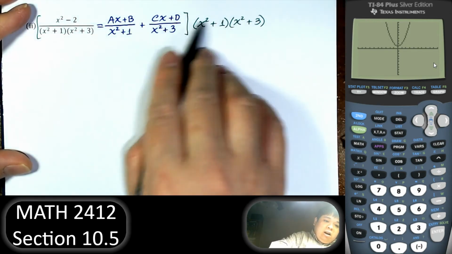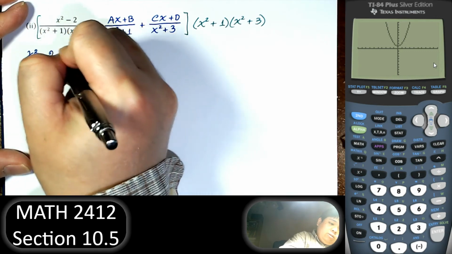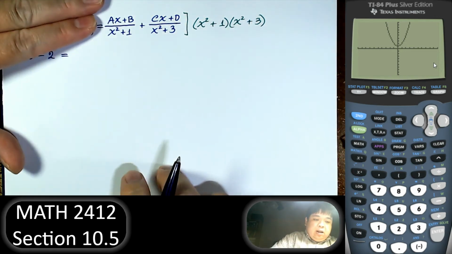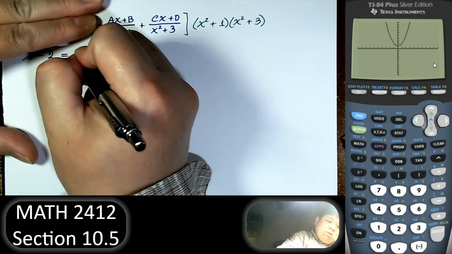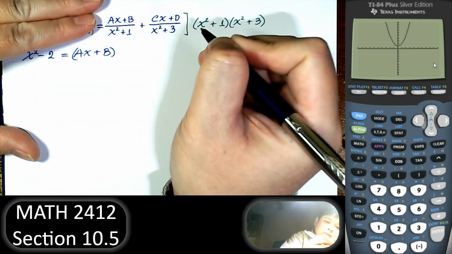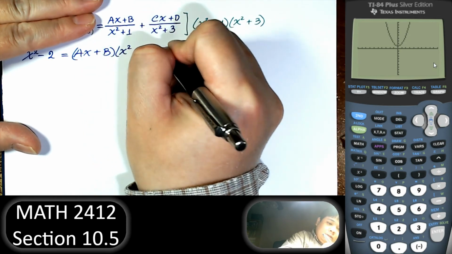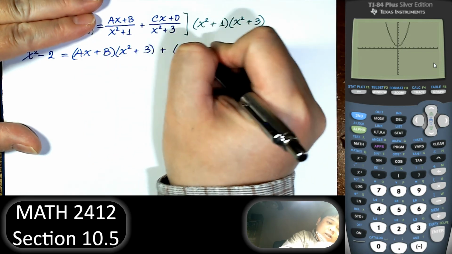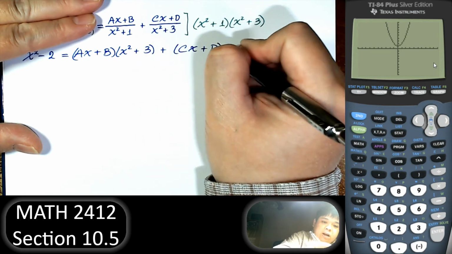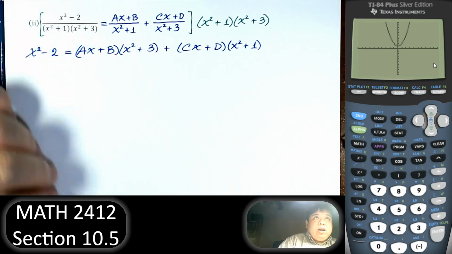Multiplied by the common denominator, things cancel out, and we have x squared minus 2. Right, the first one, x squared plus 1, cancels out. And cx plus d times x squared plus 1. x squared plus 3 cancels out.